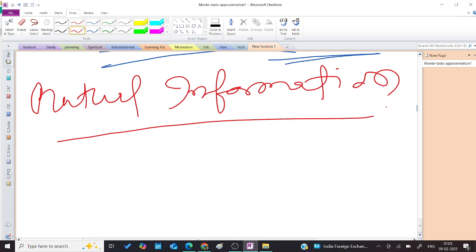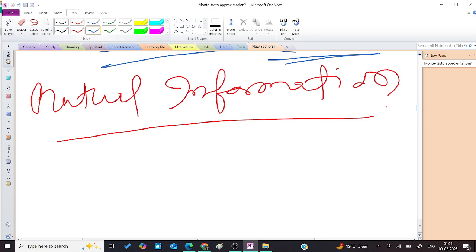So why do we need this mutual information? We can already do this by correlation, because if two probability distributions are highly correlated, we can say that both are dependent on each other. But this is another option, a better way.